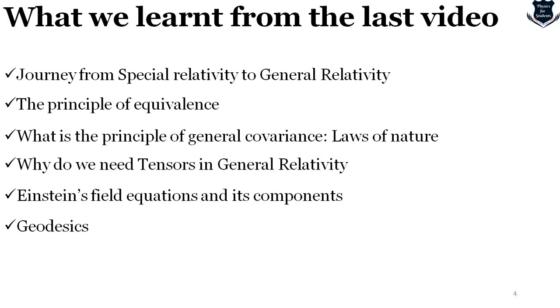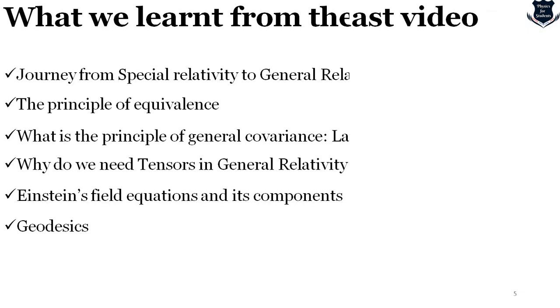Among them, the first was the principle of equivalence, where gravity, acceleration and free fall were illustrated. Then the principle of general covariance, the laws of nature, and from that general covariance arises the need for tensors, because we need a tensor so that the movement along the graph and along the coordinates is covariant so that we can easily understand the changes. That led to Einstein's field equations and its components like the Ricci scalar, Ricci tensor, stress-energy-momentum tensor and metric tensor. And we also learned what geodesics are and what the movement along geodesics is.